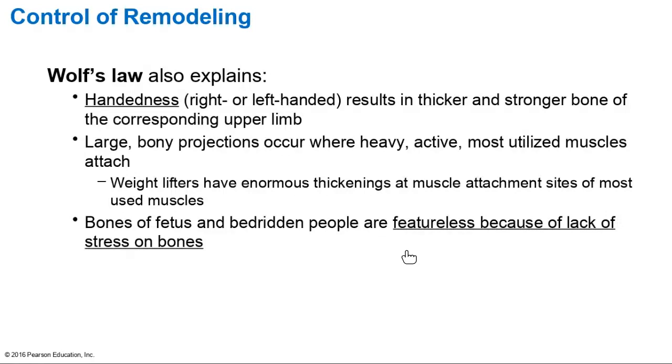Now, Wolff's Law also explains handedness. Not why you're right or left-handed, that's dictated by the brain. But the point here is that if you are right-handed, for example, then the bones in your right hand and your right upper limb are going to be thicker and stronger than the left side because you're using them more.